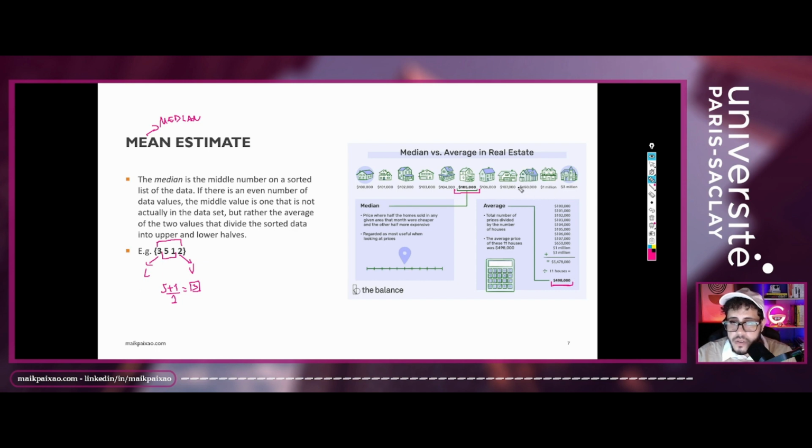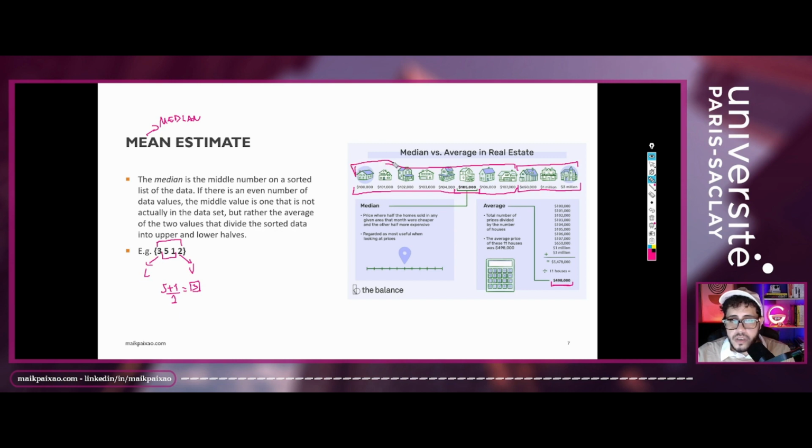And we can see the average price of a house is greatly affected by these three values that we have, right? So we have houses 8, 9, and 10 that have values that diverge a lot from the initial 7 houses, and because of these three houses, the average price is greatly affected.